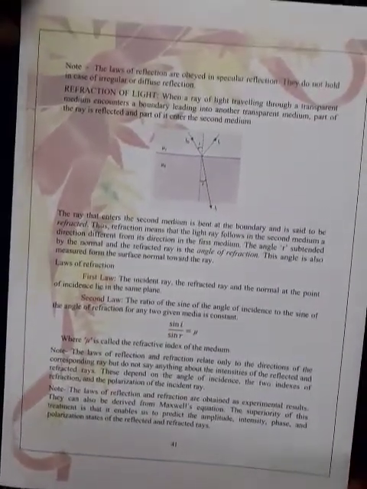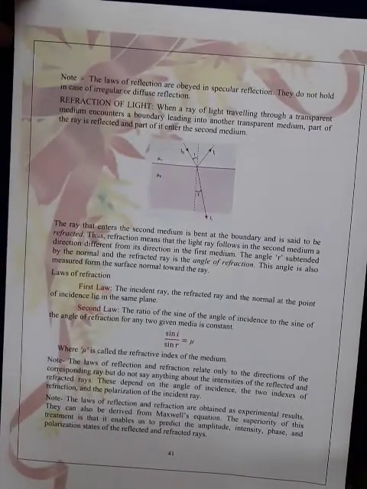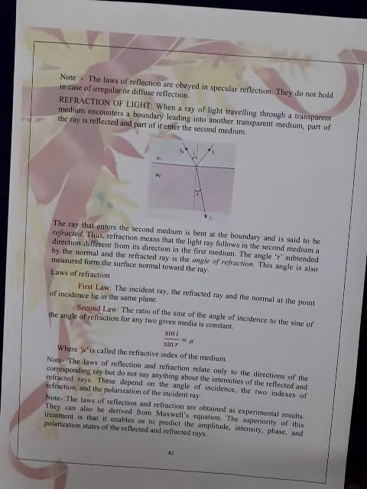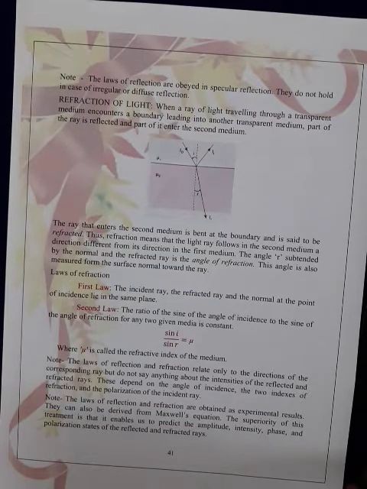Now you can note that these laws of reflection are obeyed in specular reflection, where the mirror is the medium. And they do not hold good in the case of irregular or diffuse reflection.